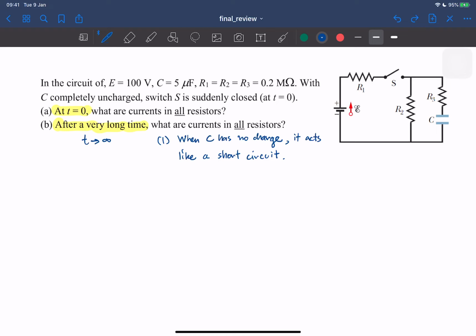And the other thing is that when t goes to infinity, the capacitor is fully charged. When C is charged, it acts like an open circuit.